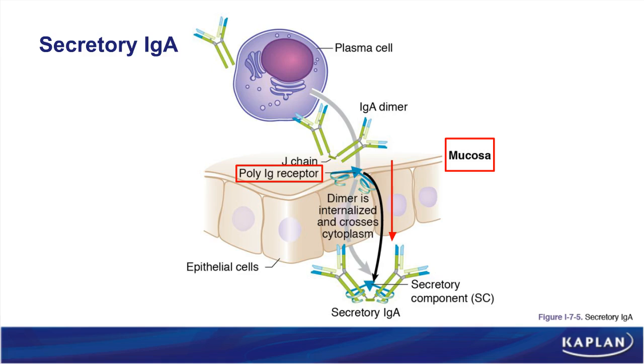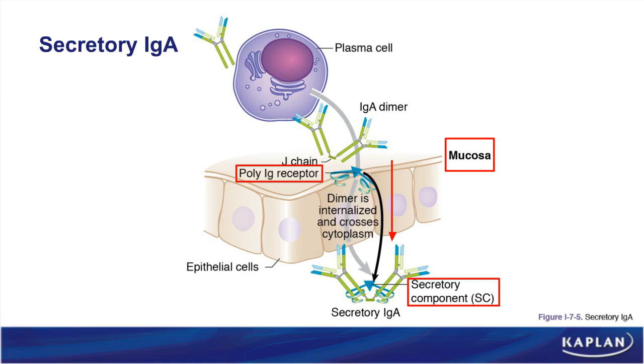Once you get to the luminal side of the cell, the receptor actually breaks up into two pieces. And one of those pieces is going to stay attached to the dimeric IgA. And we call this the secretory component.